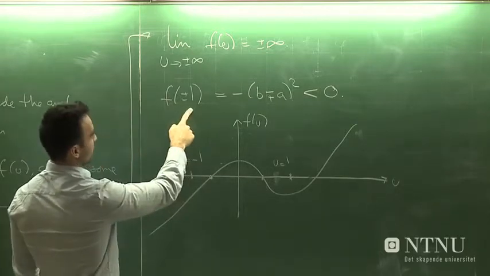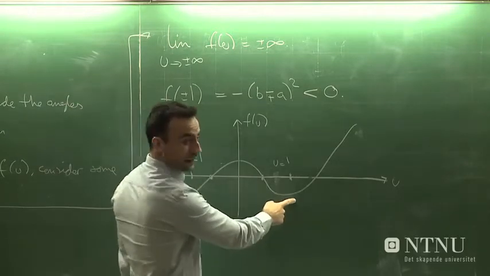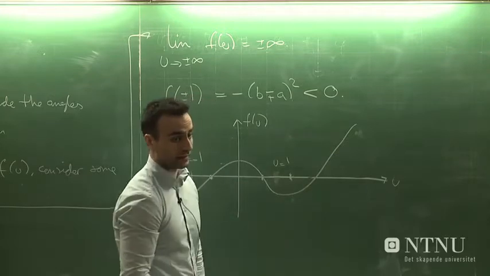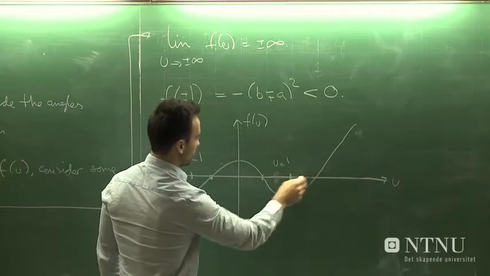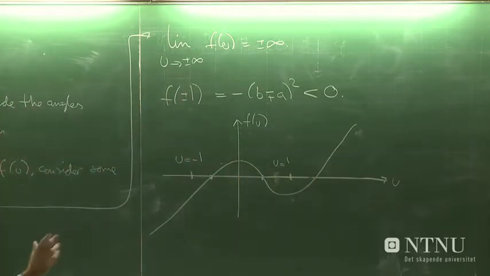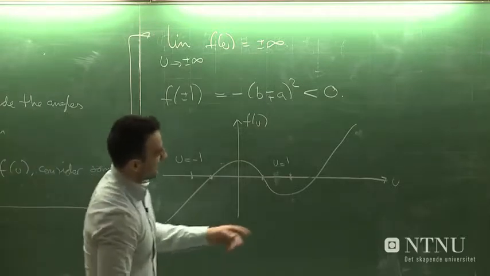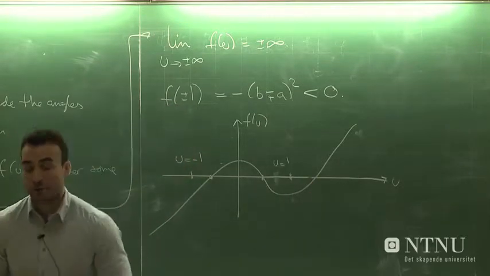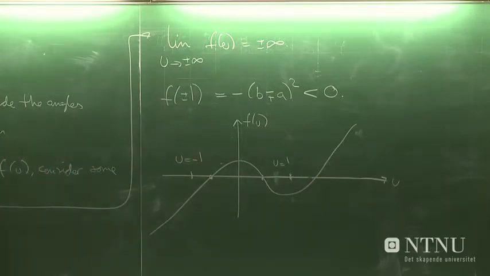But at plus minus 1, f is negative. So somewhere along this line, there has to be a sign change. So one root is outside here. The two others are inside this regime. Now, this root, although mathematically allowed, is a bit problematic in terms of physical interpretation, because it corresponds to u greater than 1.